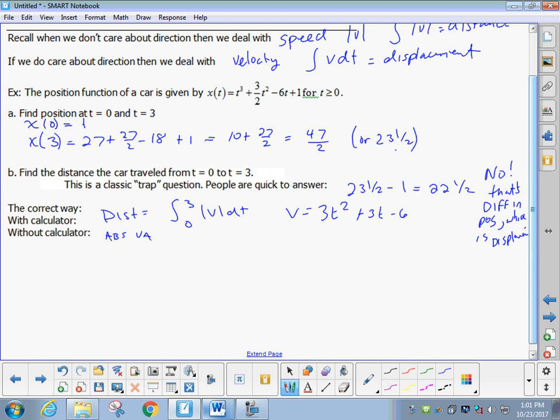Without a calculator, we need to figure out what the absolute value does. Now this, strangely, he actually has you integrate absolute value later, so you haven't done this yet, but it's pretty intuitive. If you were to factor this out, then the velocity graph would be a parabola opening up with zeros at negative 2 and 1.